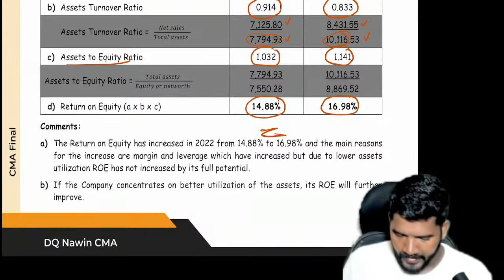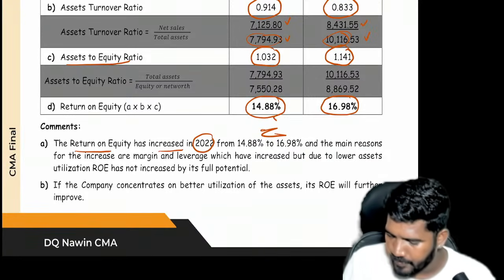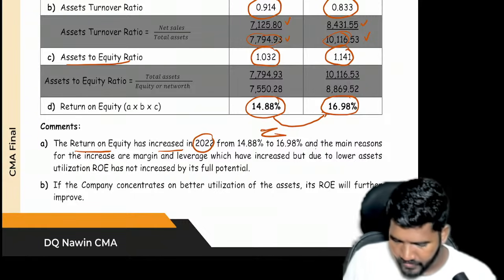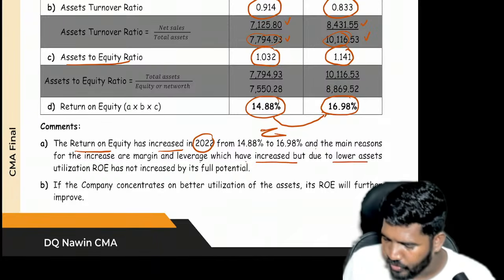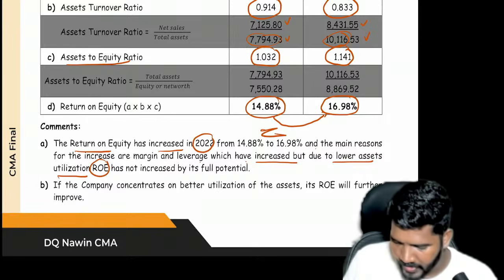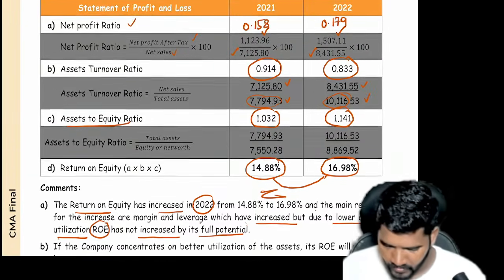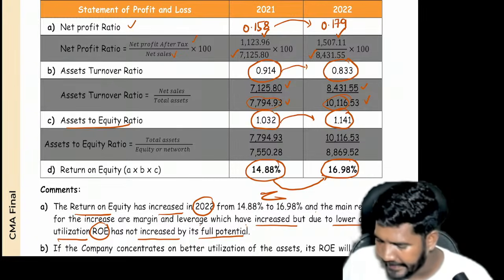So comment. The return on equity has increased in 2022 from 14.88% to 16.98%. The main reasons for the increase are margin and leverage, which have increased, but due to lower asset utilization, return on equity has not increased to its full potential. You can observe net profit margin increases, asset utilization decreases, and the equity multiplier also increases.